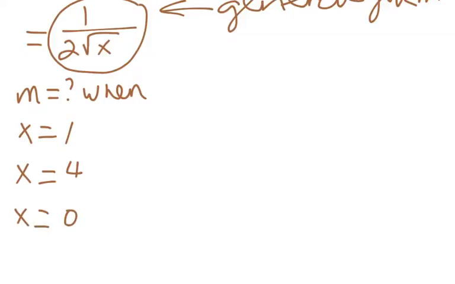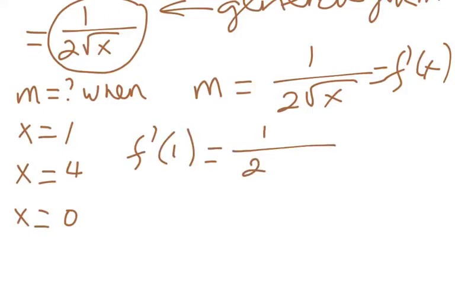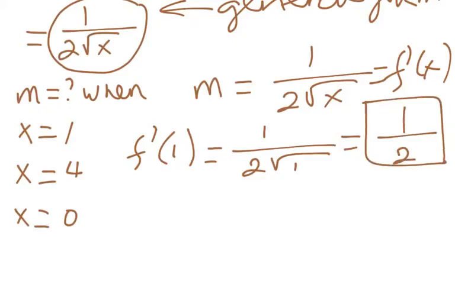So what we're going to do is use that one. We just solved the slope is 1 over 2 square root of x, or we call this f prime of x, the slope. Alright, so we want to find the slope when x is 1. What we do, simple, just substitute in the x value of 1, so that will give you 1/2. So this tells you when x is 1, the slope is 1/2.